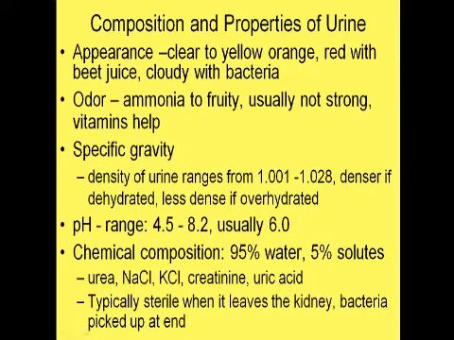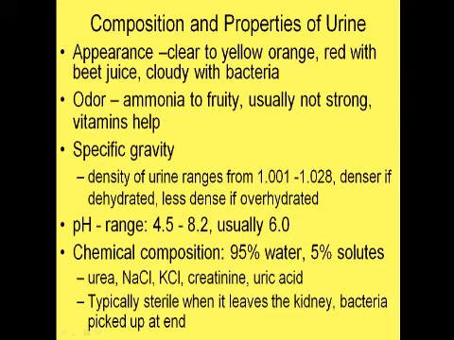It could be cloudy if you have a bacterial or a yeast infection. If you take certain vitamins, it gets real fluorescent yellow. Different things will change the color. The odor, they say, is not bad. Sometimes it can be ammonia-y, it could be a little fruity, but usually it's not really strong.